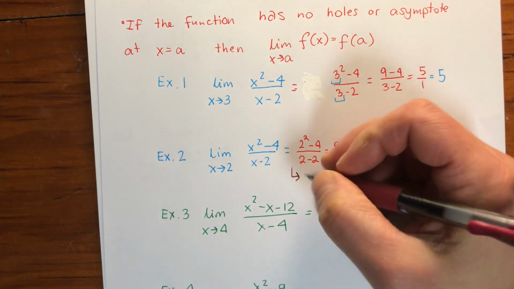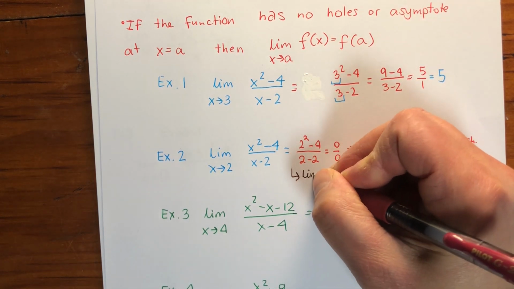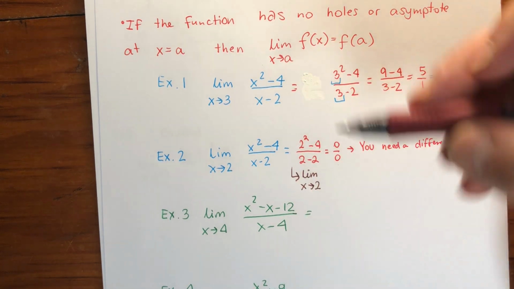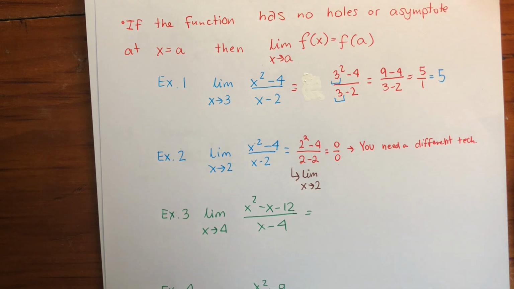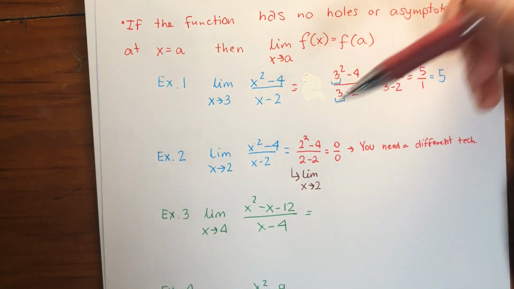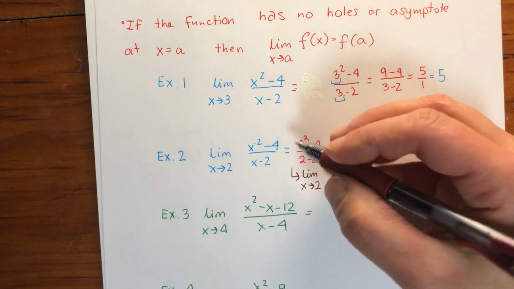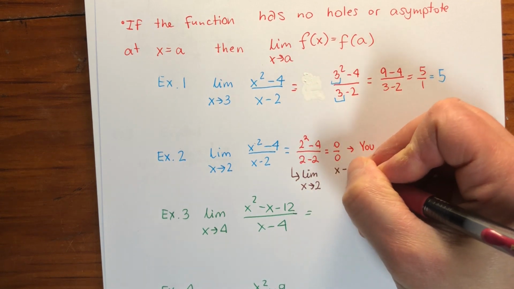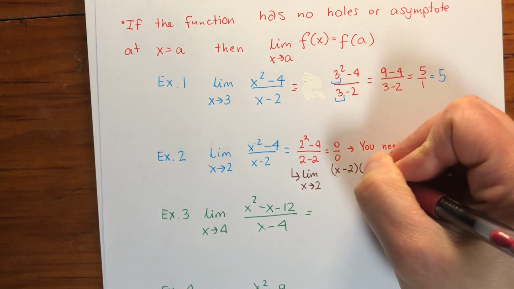I will continue writing here. I am still keeping this as limit. I am not going to plug anything into it. But what I do notice is that there's a difference of squares on the top of the fraction, in our numerator. So instead of x squared minus 4, I can write this as x minus 2 times x plus 2.